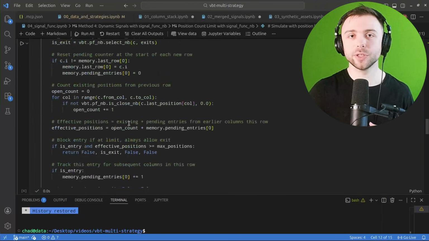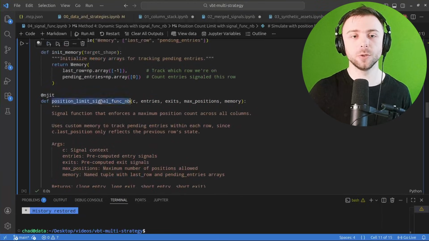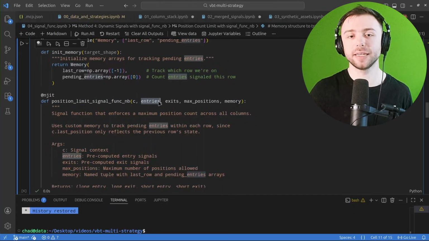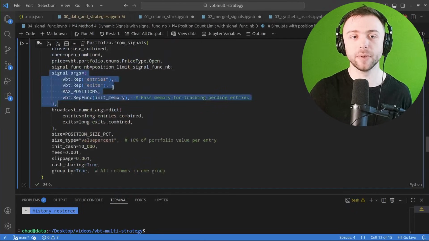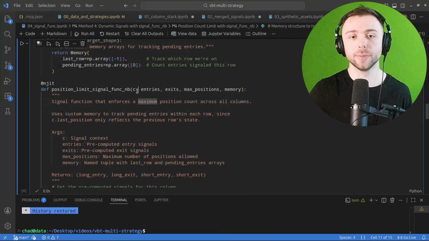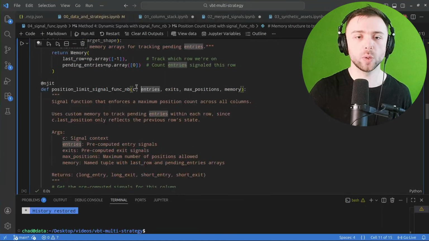What this allows us to do is to introspect on our entry and exit signals. As you can see, they're provided as arguments to this function. I provide them here, and they get given as arguments to this function, along with this variable c, which is the context.